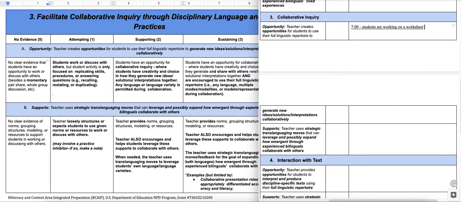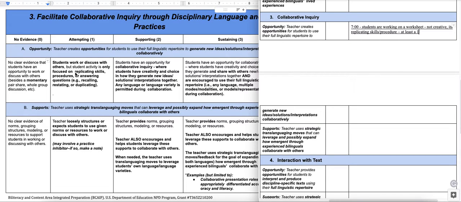I don't want to spend too much time fleshing out the example, but yeah, it's not creative. It's replicating skills or procedure. At least a level 1.